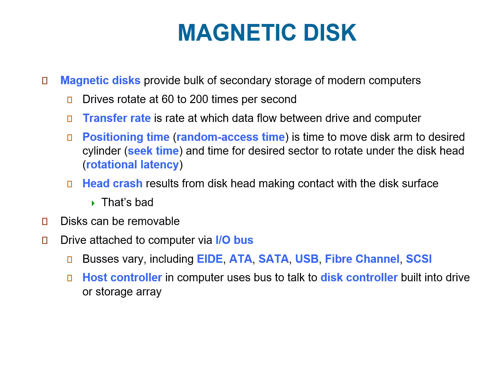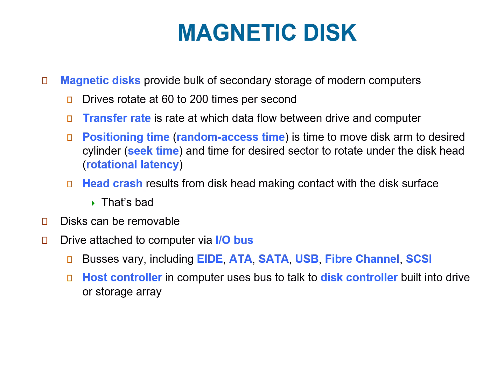The magnetic disk provides a bulk of storage to modern computers. It is a secondary storage device. The drives rotate 60 to 200 times per second. Transfer rate, the data flow between the drive and the computer, is very important.